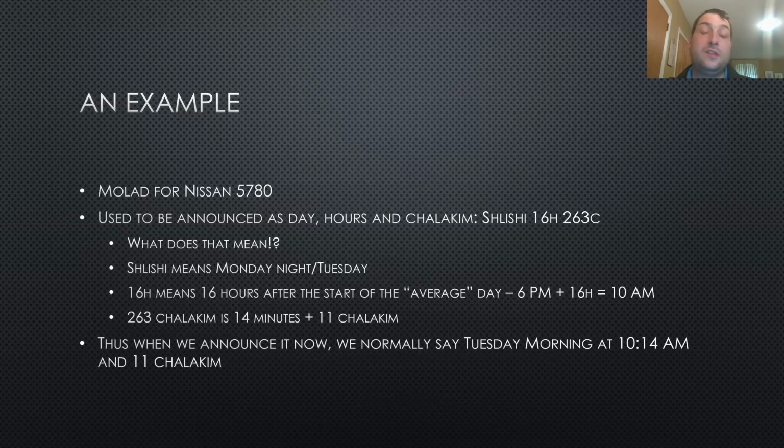So it's, in this case, 6 p.m., because that's the idyllic day, plus 16 hours, that would be 10 a.m. And 263 chalakim is exactly 14 minutes and 11 chalakim. So therefore, we announce it, and when you saw it in the email from Shul, it was Tuesday morning at 10:14 a.m. and 11 chalakim, which has absolutely nothing to do with when the moon actually was at its minimal inflection.